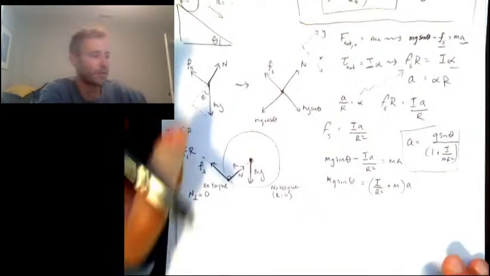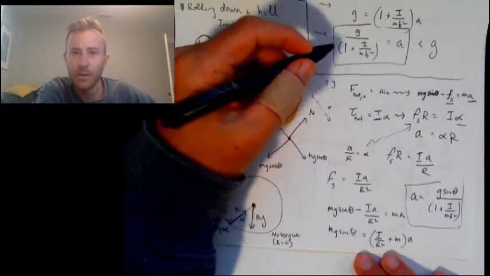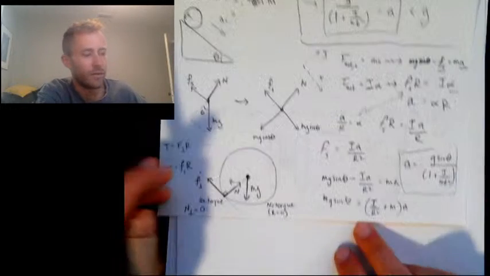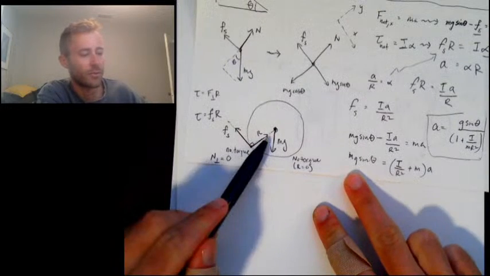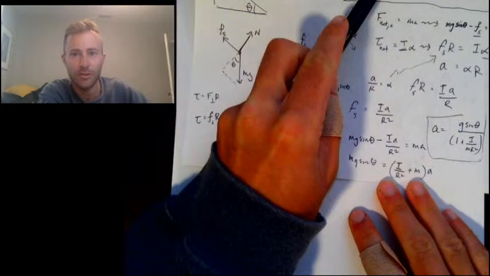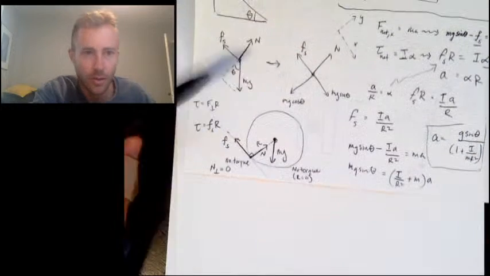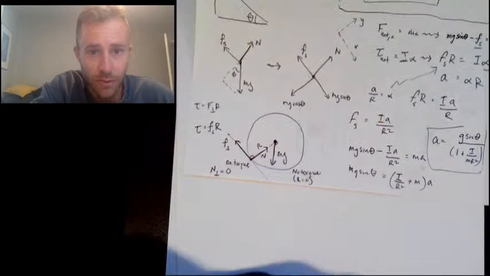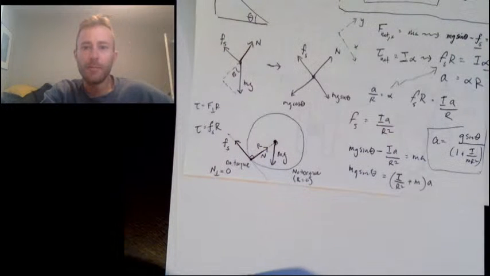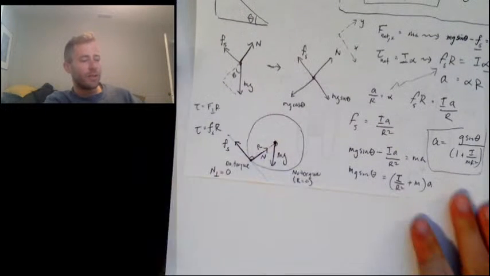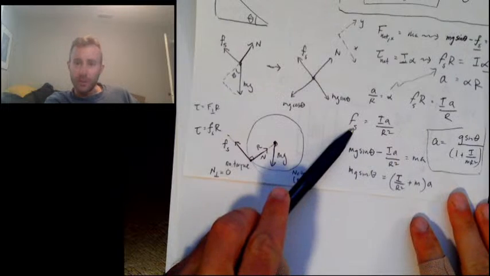Notice how it's basically an identical result to the yo-yo. The only difference is that this is on an incline, so instead of g, it's g sine theta to represent the fact that it's on an incline. We could then plug this in to solve for static friction.